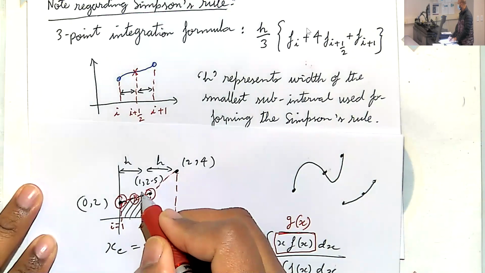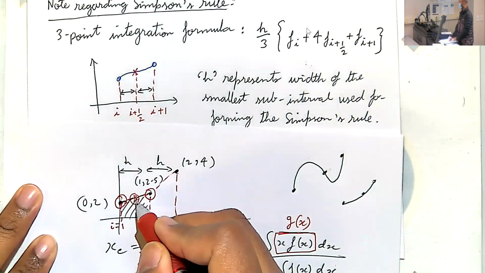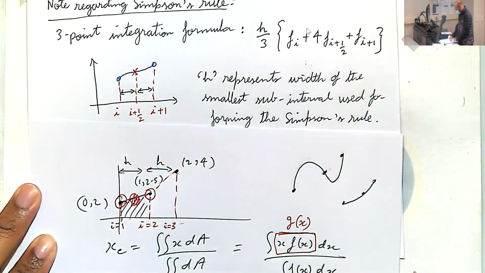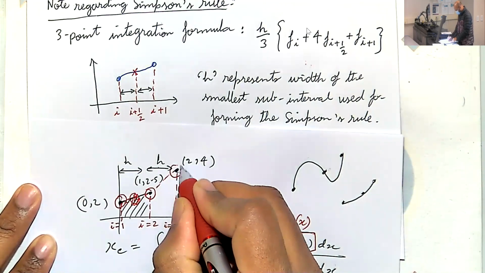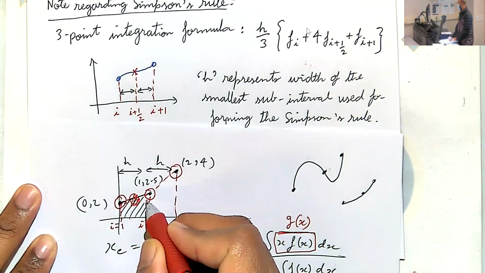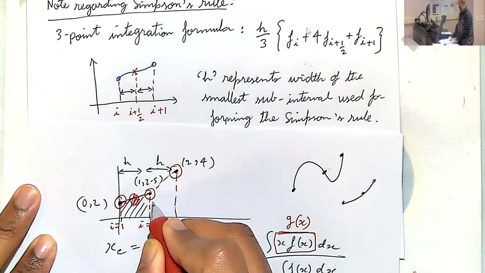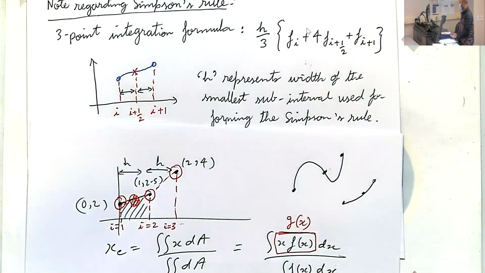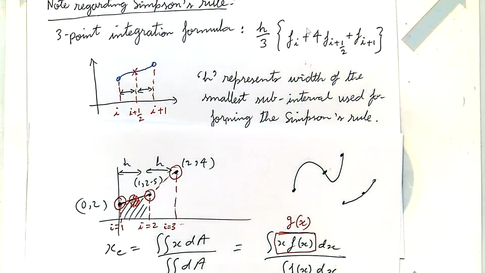But there's no way for us to figure out what this midpoint looks like. So we don't do that. We instead treat these 3 as our full Simpson's interval, and each sub-interval corresponds to h. Make sense? Yeah, that makes sense.